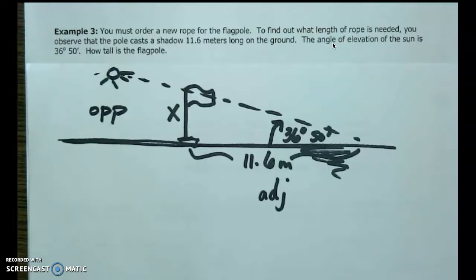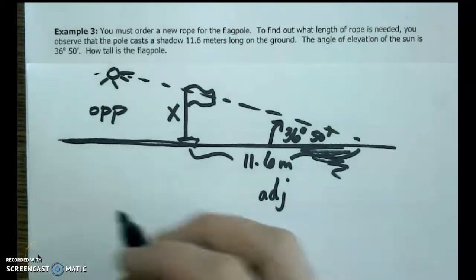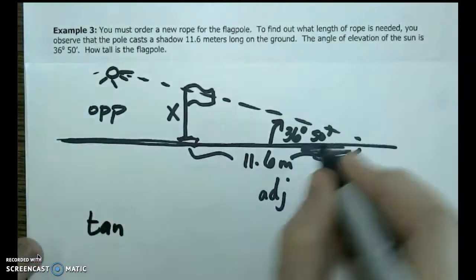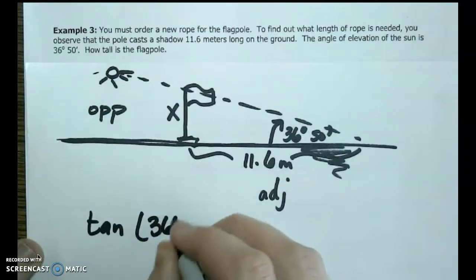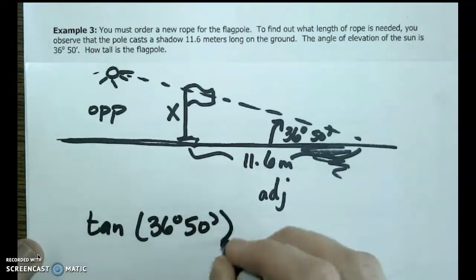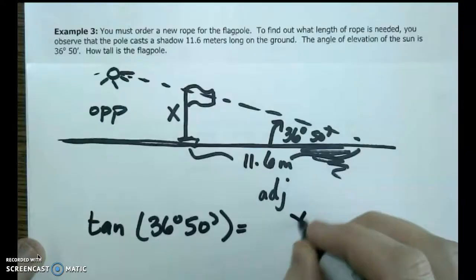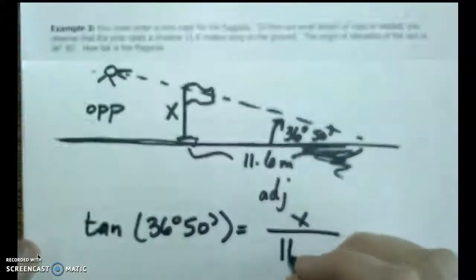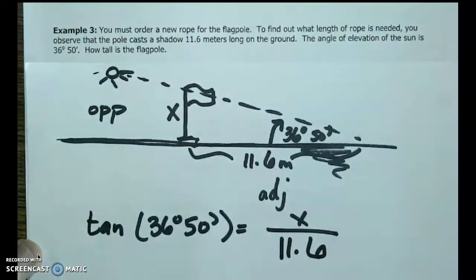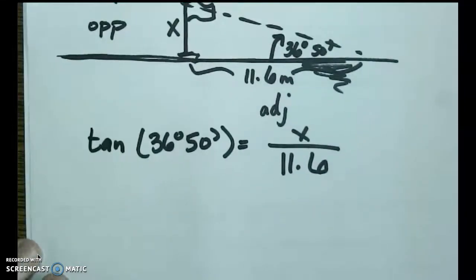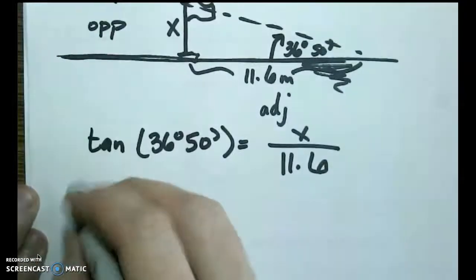Is it sine, cosine, or tangent? That would be tangent. So tangent of the angle equals the opposite side over the adjacent side. And then we're going to isolate x and solve. So we're going to multiply 11.6 to the other side.